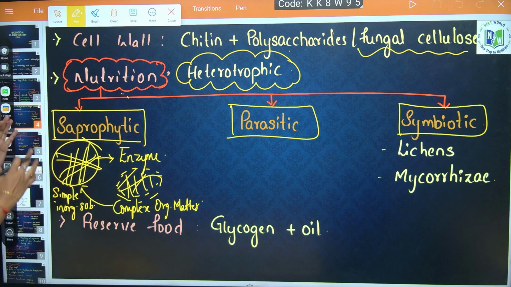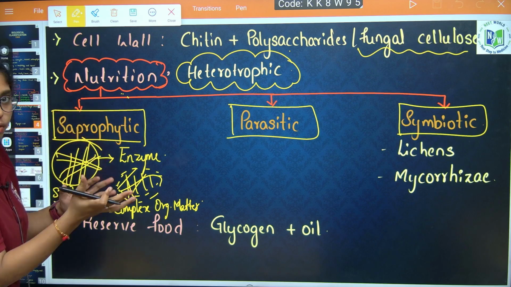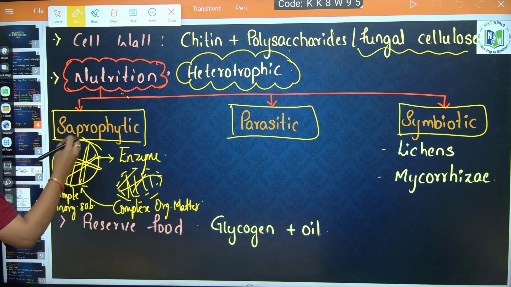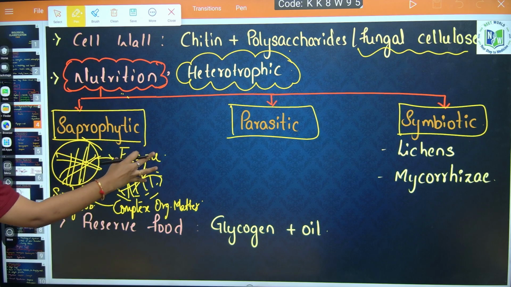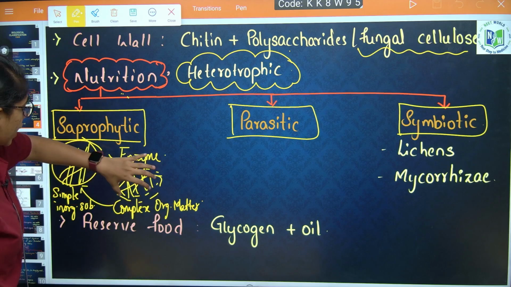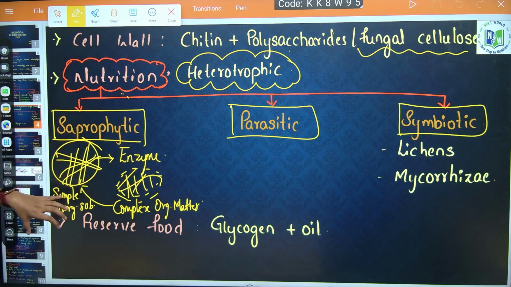What does the saprophytic mode of nutrition say? The hyphae or mycelium will release enzymes. Those enzymes will break down the complex organic materials into simple inorganic substances. These simple inorganic substances are consumed by the fungi.